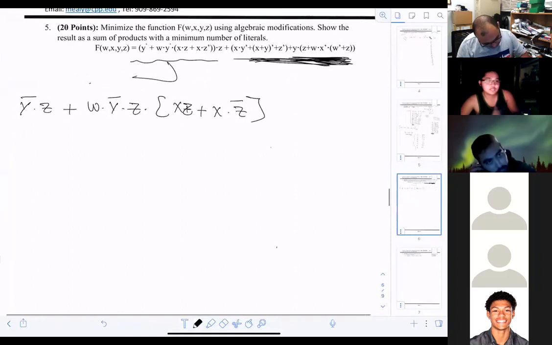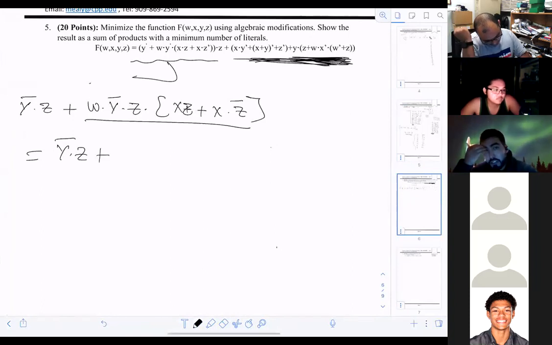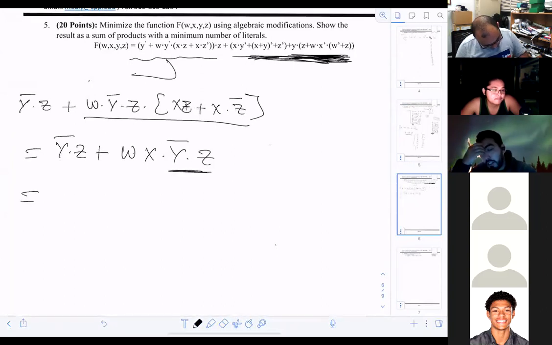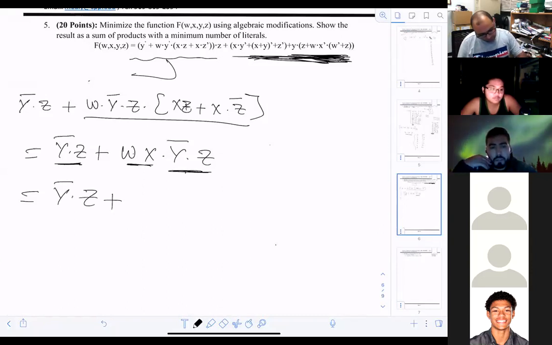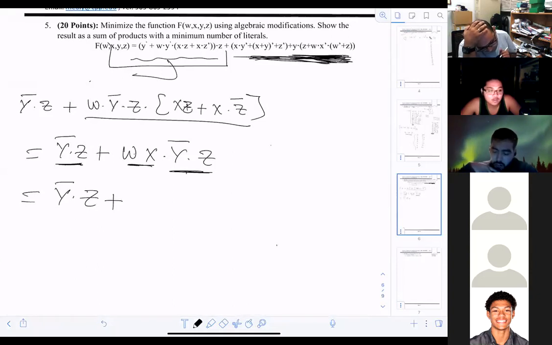So this will be Y complement Z, and that's going to be W X complement. Which is basically these two will go together here and take the WX. So it's going to be Y complement Z. So far we agreed about this part, right? Let's go to the second part, which is the unknown part.